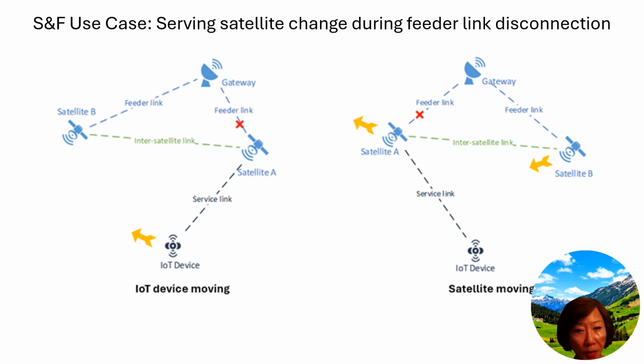This setup demonstrates the store and forward capability in satellite networks. When a feeder link is unavailable, data from the IoT device can be stored on the satellite and then forwarded either when a feeder link becomes available or through inter-satellite links to a satellite with an active feeder link.